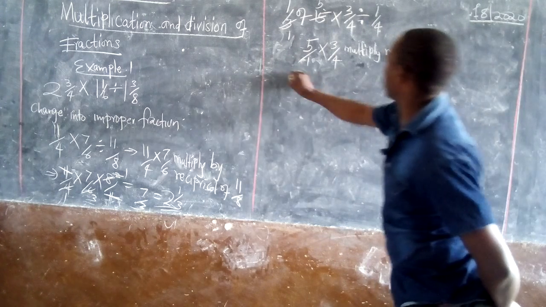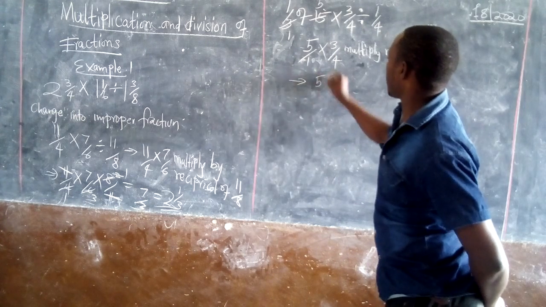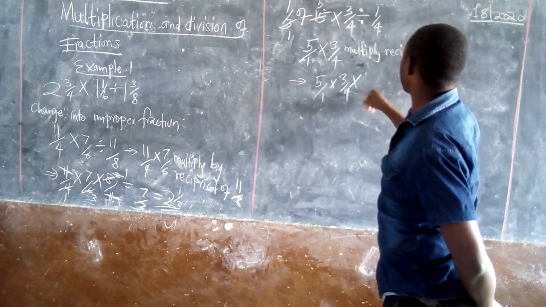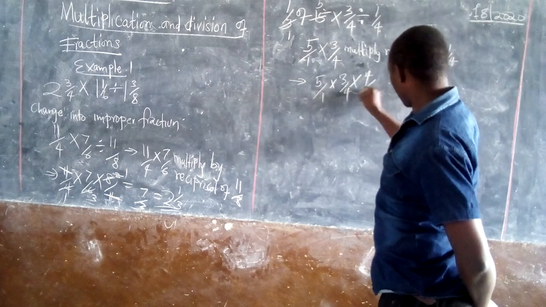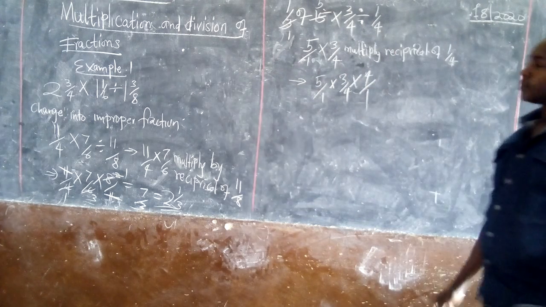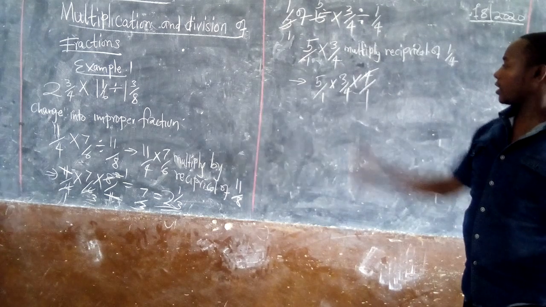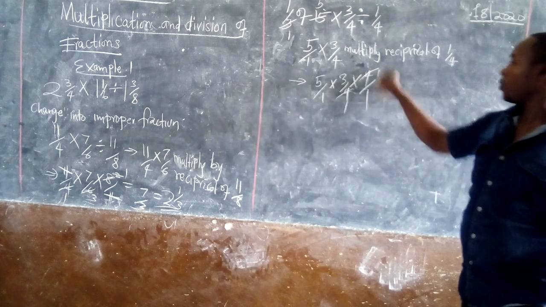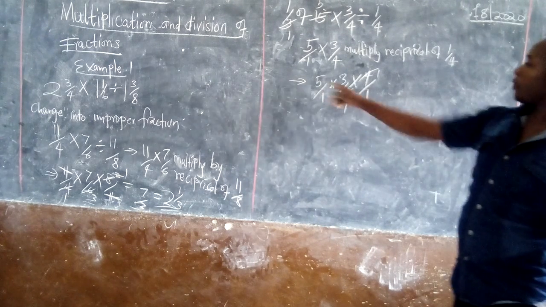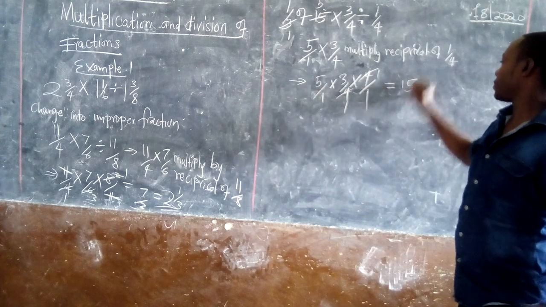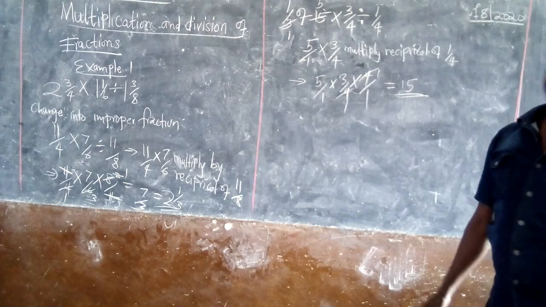So this will be 5 over 1 times 3/4 times 4 over 1. When I work out this, 4 will cancel with the 4. We remain with 5 times 3, which will give you 15 as your answer for that example.